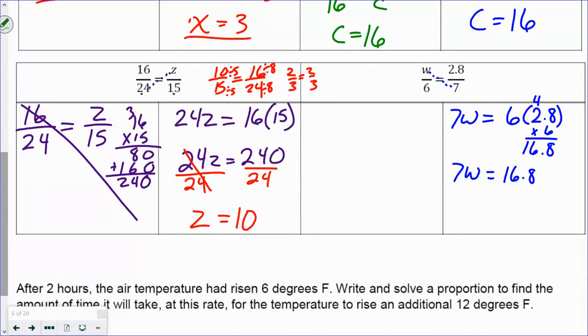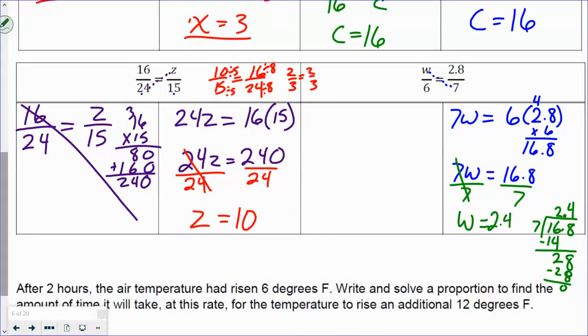Then, of course, that's the multiplication, the inverse, so that we isolate w. And then we can take our 16 and 8 tenths and divide by 7. 7 goes into 16 twice, or 14. And it goes into 28 4 times. 0.